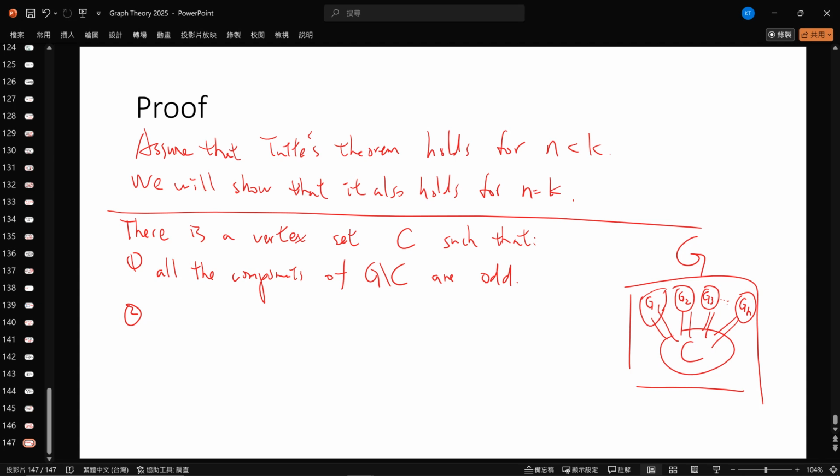And the second property is that the number of components you have is exactly the size of C. So if C has 3 vertices, then after you remove these 3 vertices from the graph, you have 3 components. And all these components are odd components.